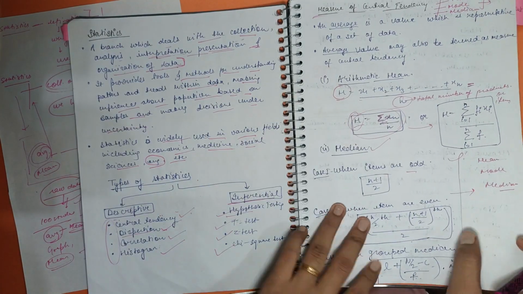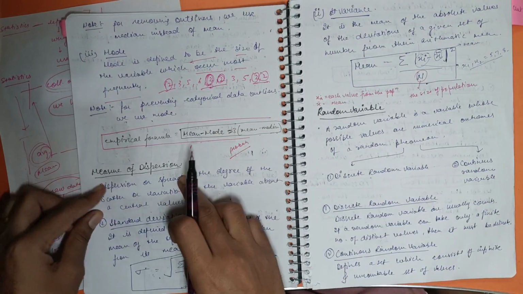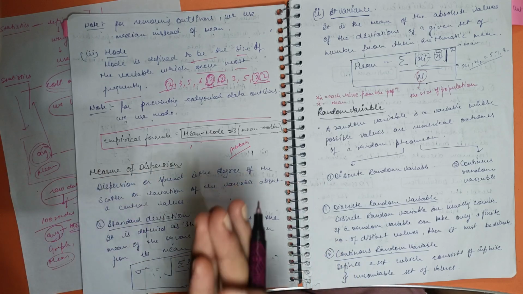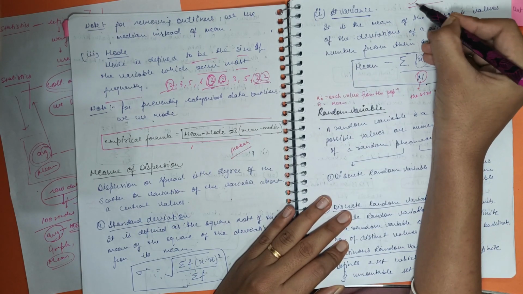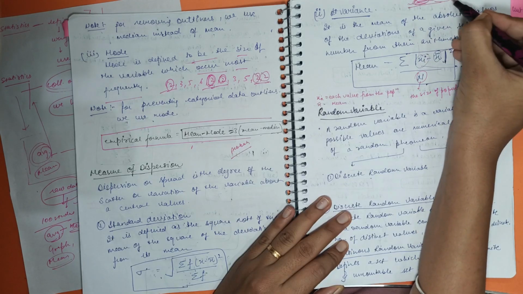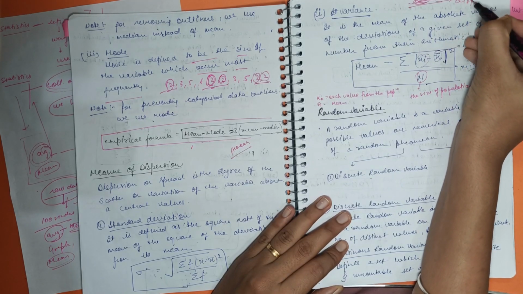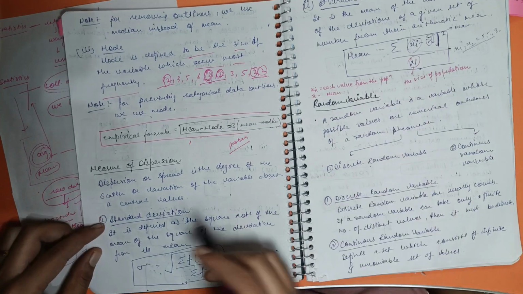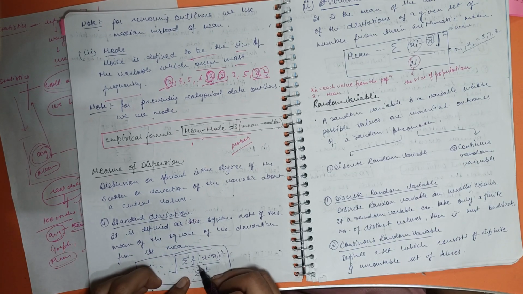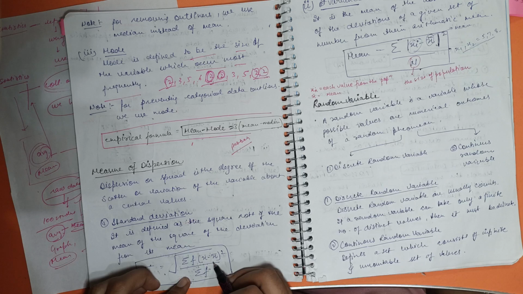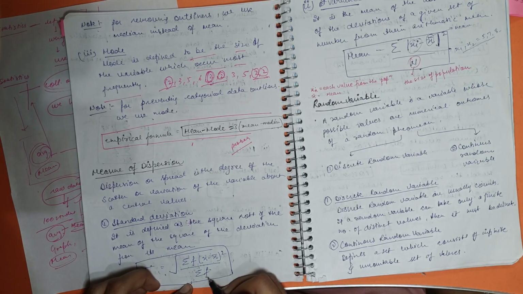So measure of dispersion. In this we check the spread, like we have, the spread is told by dispersion. Okay, so we have standard deviation. Standard deviation is equal to the square root of summation of f into (x minus x bar) squared upon summation of f.